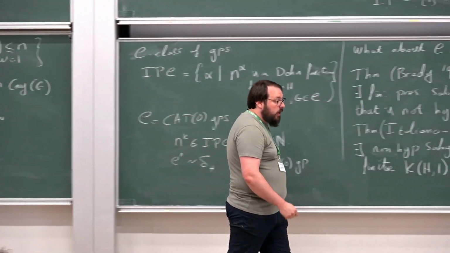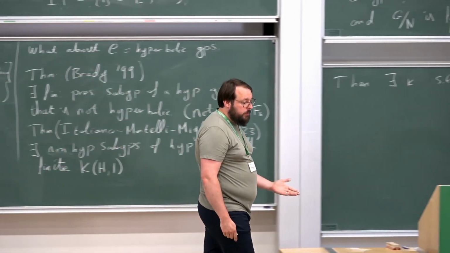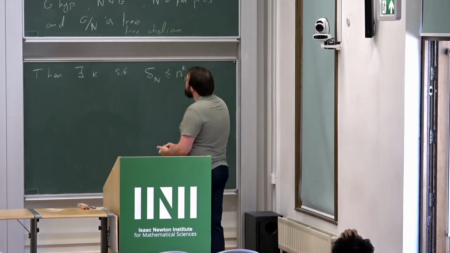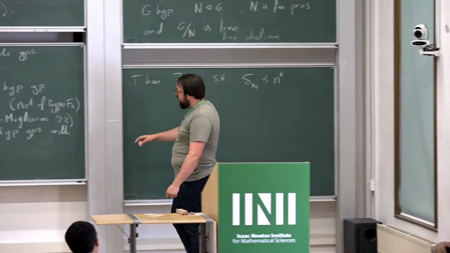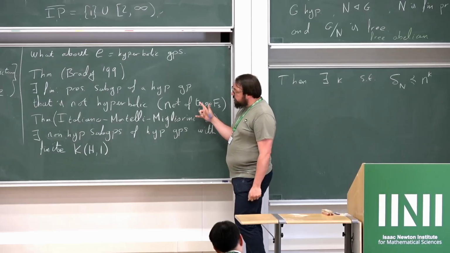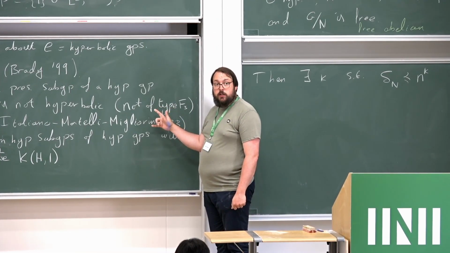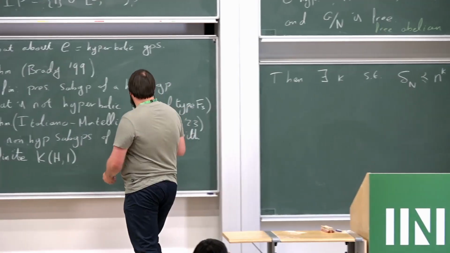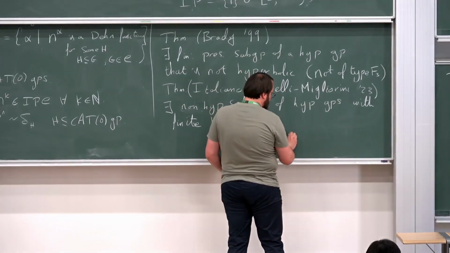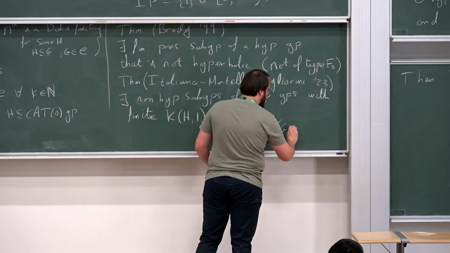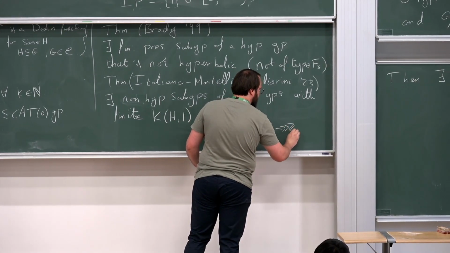Okay, and now, I told you we have this wealth of new subgroups of hyperbolic groups, but actually, if you look at all of them, both of these examples are appearing as kernels of maps to Z, right? Both here, H is the kernel of some map G to Z.